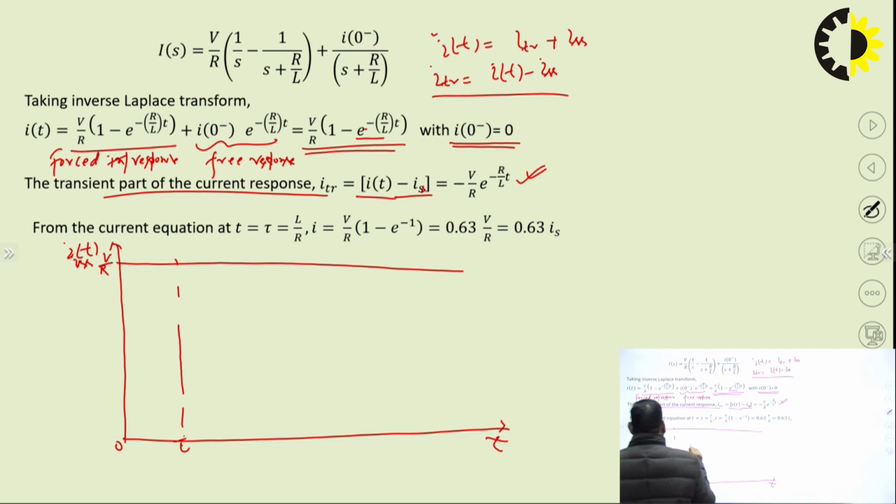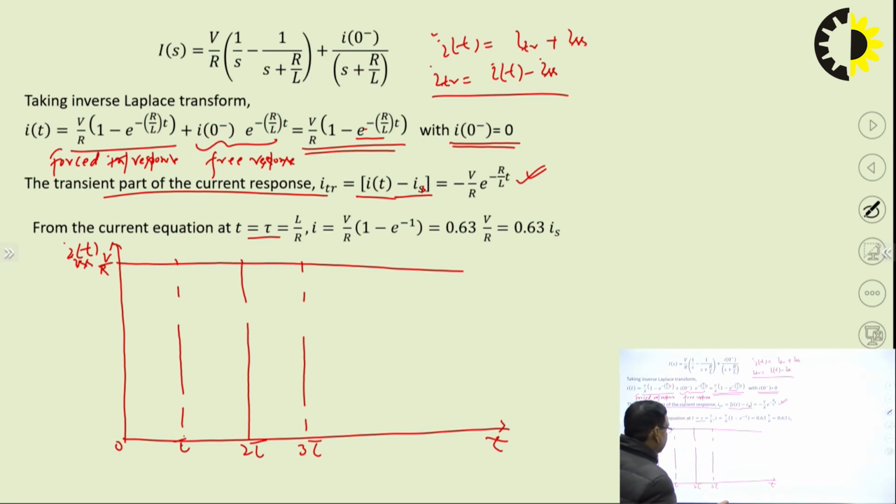Here we have another term from the current: t is equal to tau, which is L upon R. L upon R is the time constant of an RL circuit, and then we have 2 tau, similarly 3 tau, and so on.